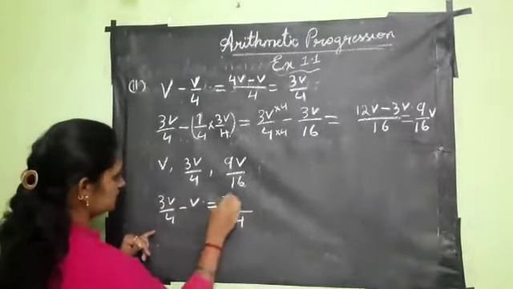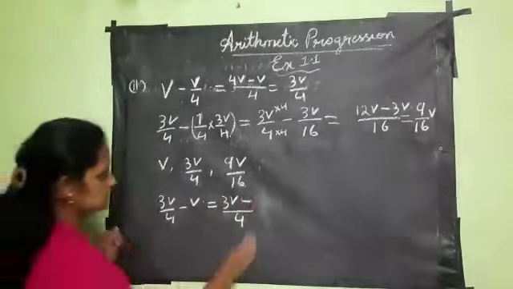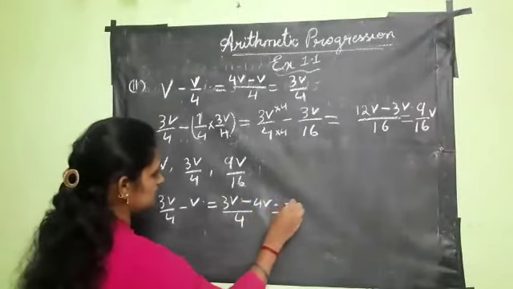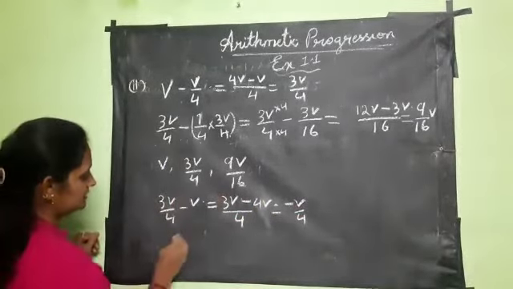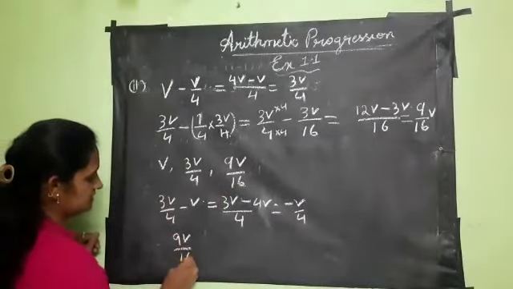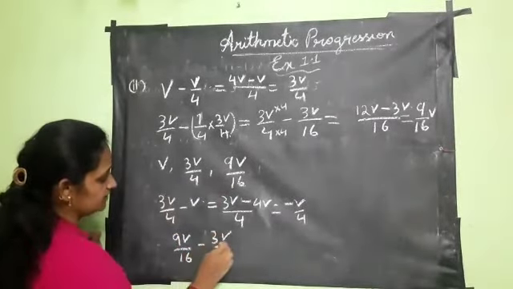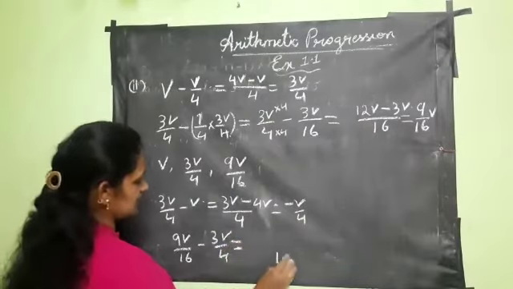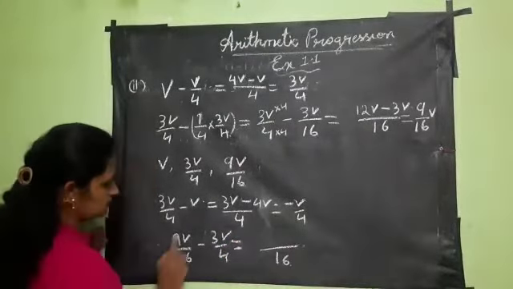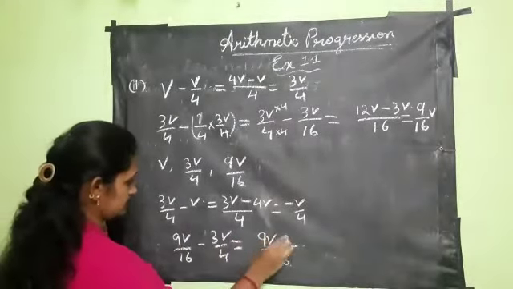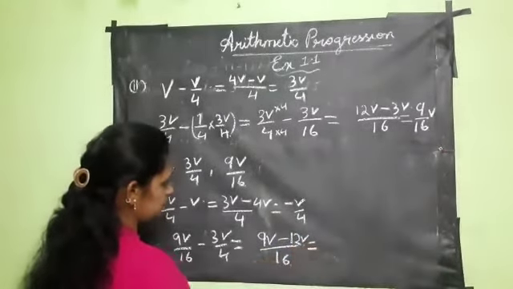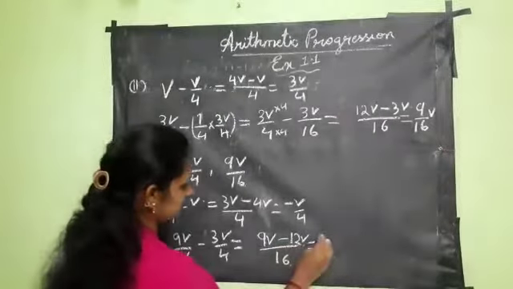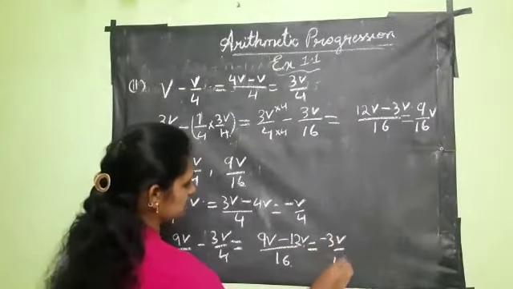So once again 3v minus 4v, which gives us minus v by 4. 9v by 16 minus 3v by 4. 16 is the LCM here. So 9v minus 4 3s are 12v, which is equal to 9 minus 12, that is minus 3v by 16.